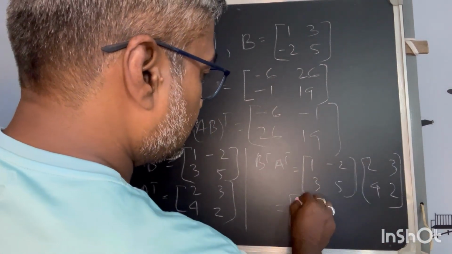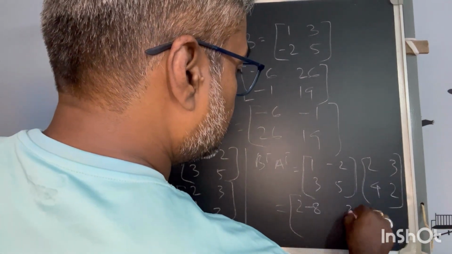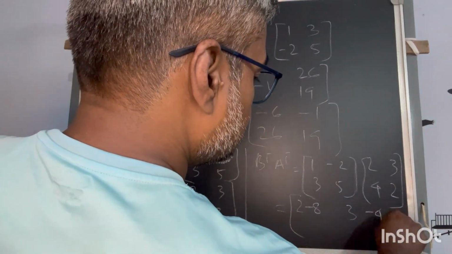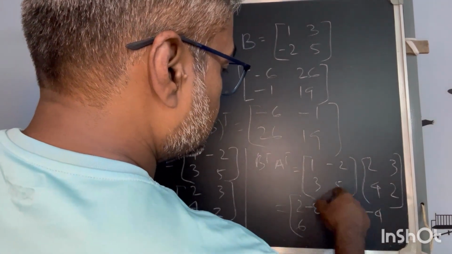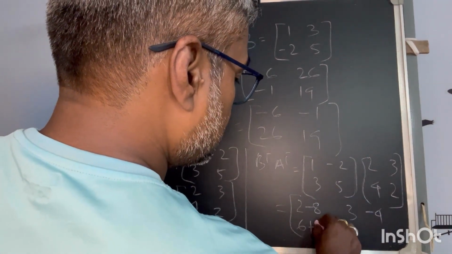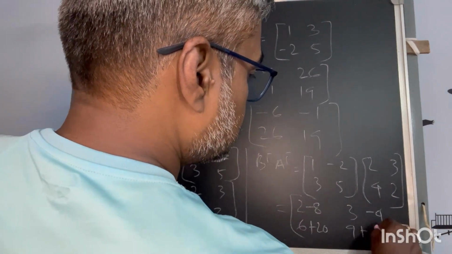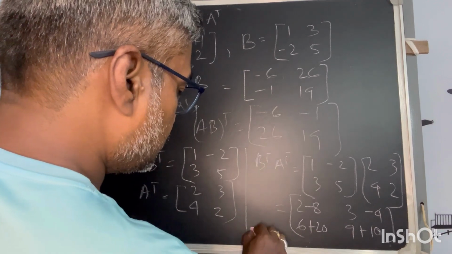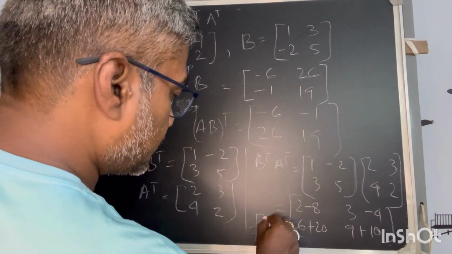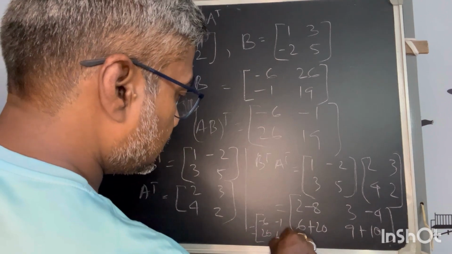1 into 2 is 2, 2 into 4 is -8, 1 into 3 is 3, -2 into 4, then 3 into 2 is 6, plus 20, 3 into 3 is 9, plus 10. Ultimately you will find -6, -1, 26, 19.